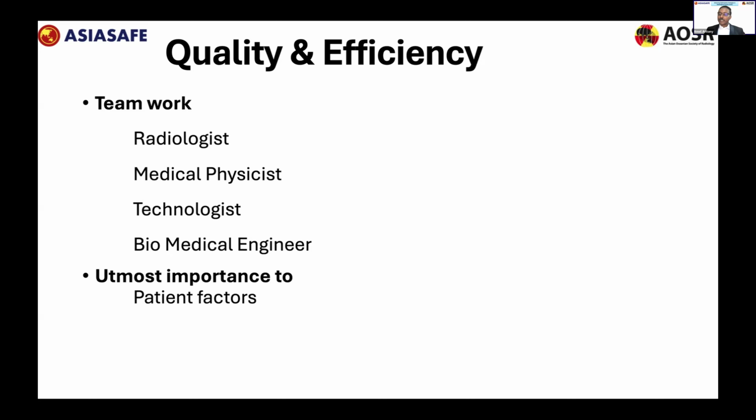Of course, technologists play the major role, medical physicists look into the quality part, the biomedical engineer looks at the maintenance of the equipment, and radiologists look at the adequacy of the exposure and the resolution which has been achieved. And above all, utmost importance has to be given to the patient factors. That means optimal patient positioning and optimal dose, avoiding movement artifacts and avoiding unnecessary repeat exposures.